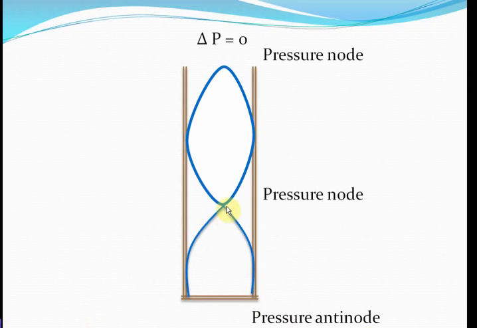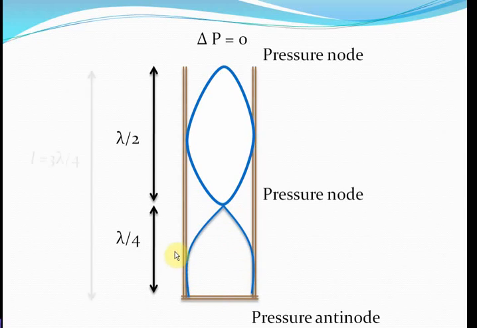So in this case, since the distance between two nodes is lambda by 2, this distance will be lambda by 2. And since the distance between a node and an antinode is lambda by 4, this will be lambda by 4. The length L will be equal to 3 lambda by 4.